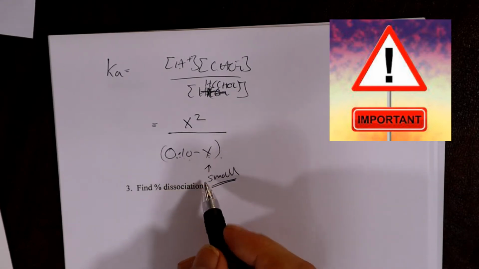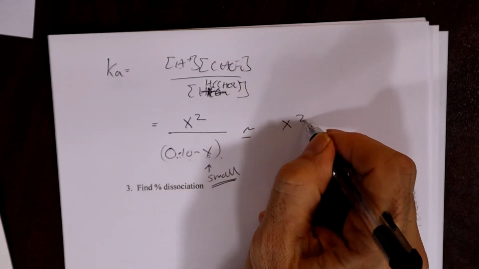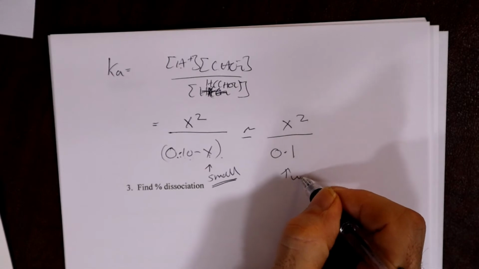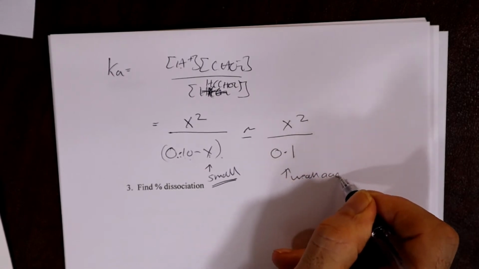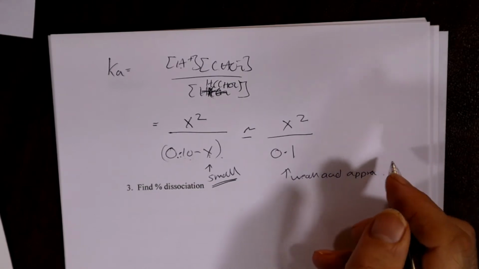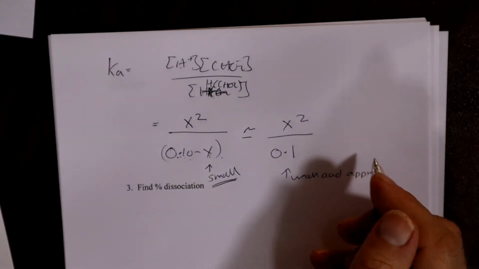We call that the weak acid approximation, and it's essentially equal to x squared over 0.1. We can always make that approximation. We'll meet it formally in a minute. If you've got a weak acid, Ka is always small, 10 to the minus 3 or smaller.